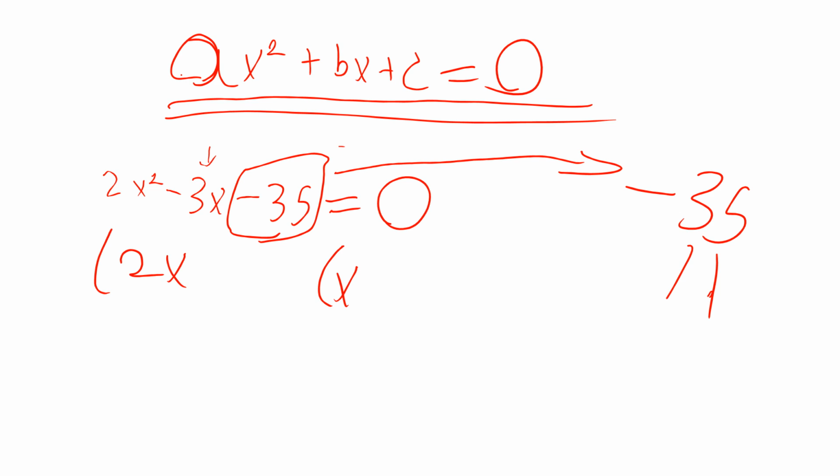We're going to try 5 and 7. So 5 and negative 7, we're going to try. Negative 35, we already know. Negative 5 minus 7 is not negative 3. So that of course is not going to work.